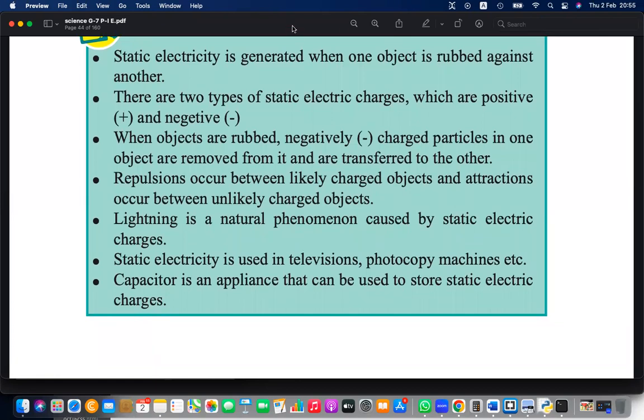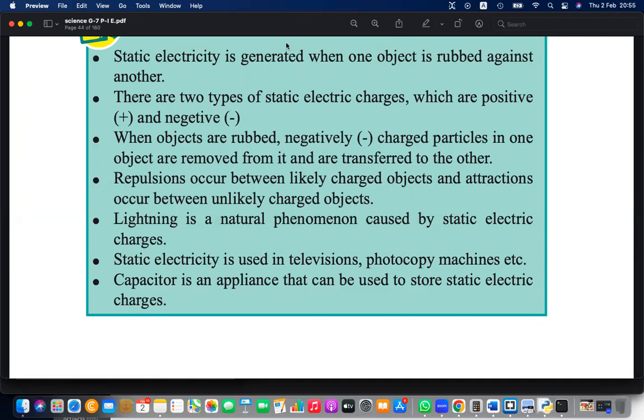And also, I need you to explore the practical possibilities of generating artificial lightning. Artificial lightning. This will be an interesting thing.